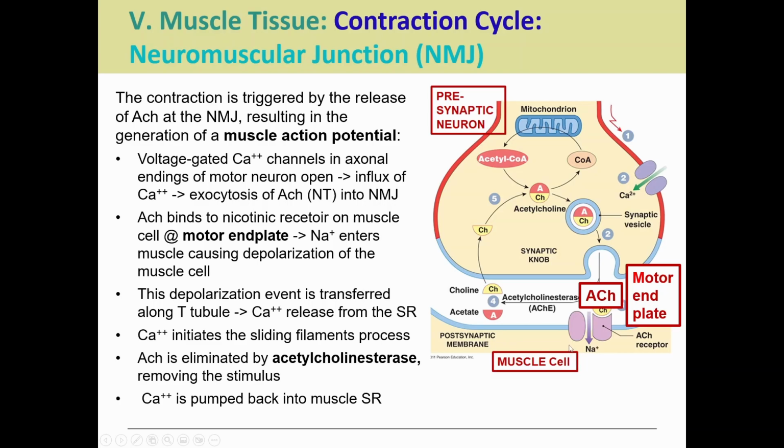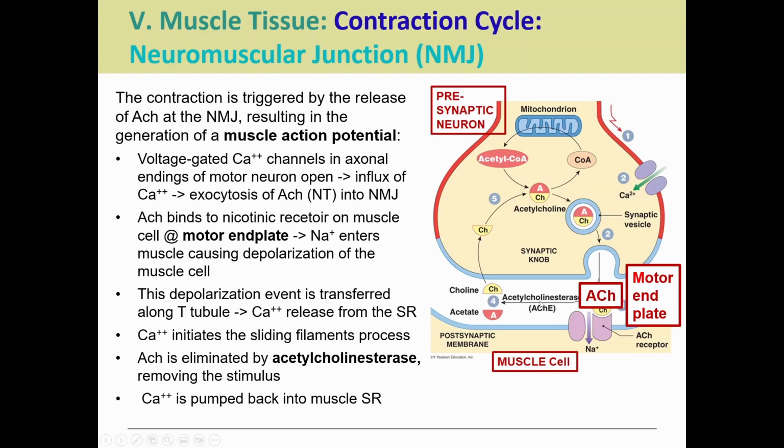When that calcium gets released, then we go into the sliding filament model, where we have troponin on the actin binding with the calcium, moving the tropomyosin, myosin heads grabbing onto actin, power stroke, moving the thing in.